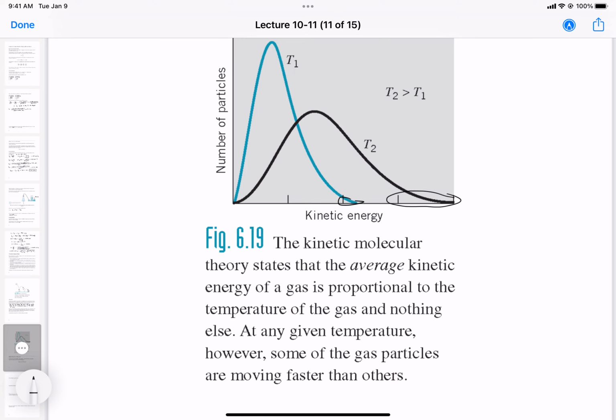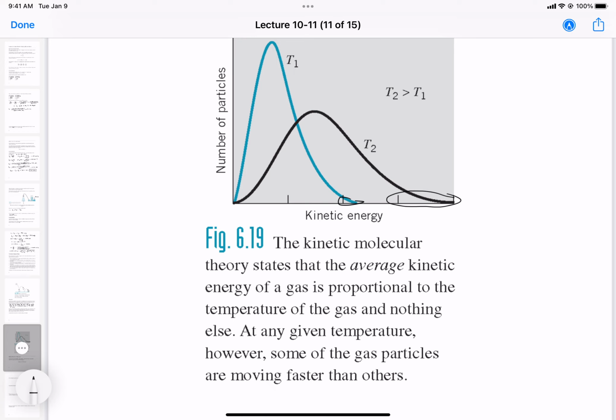At lower temperatures, most of the molecules will have kinetic energies between the two extremes. And as you increase in temperature, you're going to have a number of particles that will basically be evenly distributed.